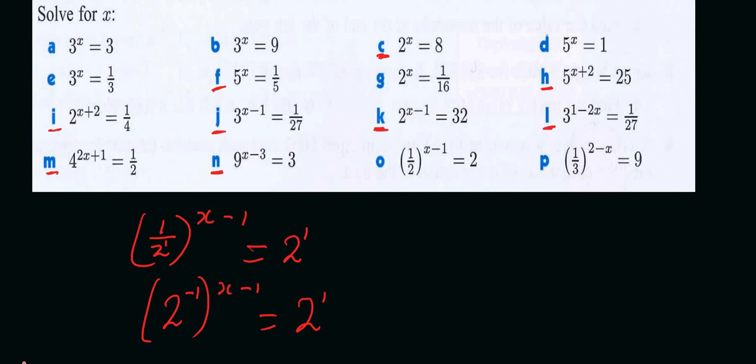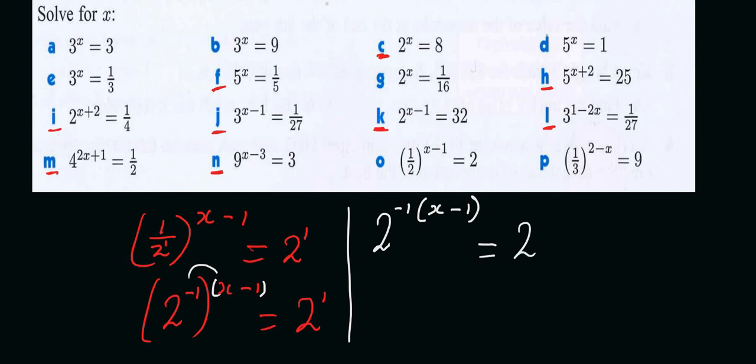So now remember that -1 will be multiplying the whole of this, so we can put this in parentheses and rewrite this as 2 exponent -1 times (x minus 1) equal to 2 exponent 1.